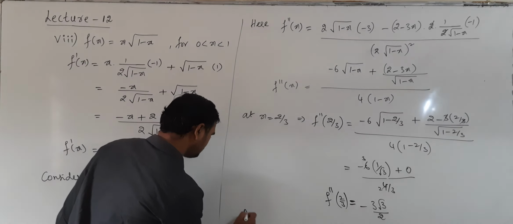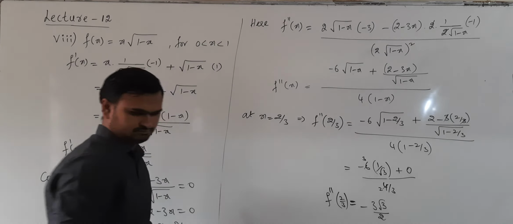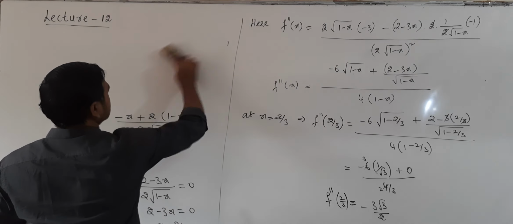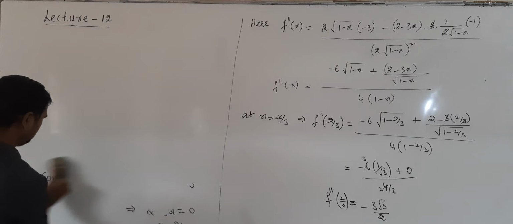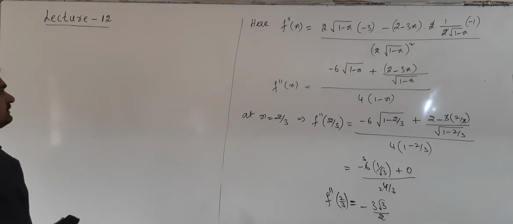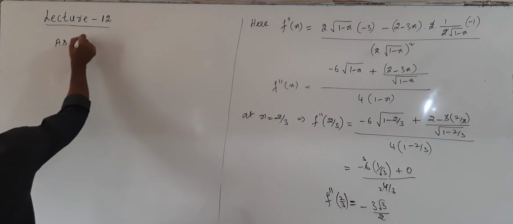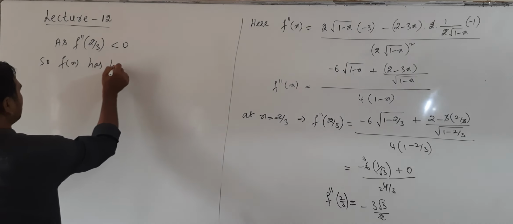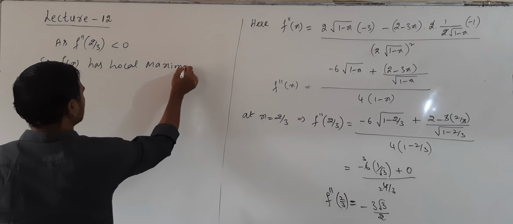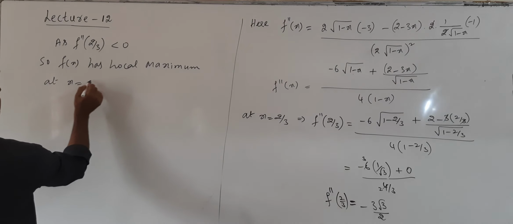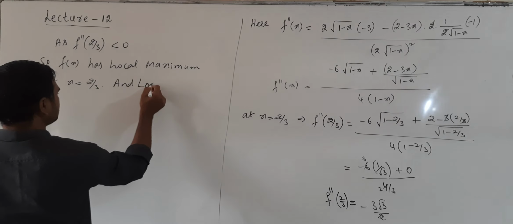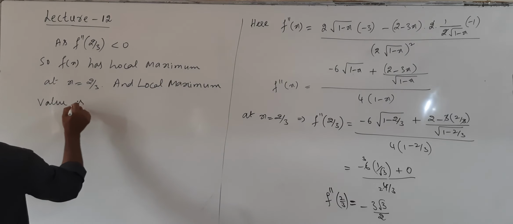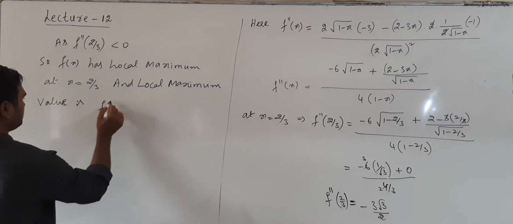So as f double dash of 2 by 3 is negative, f of x has a local maximum at x equal to 2 by 3 and the local maximum value is f of 2 by 3.